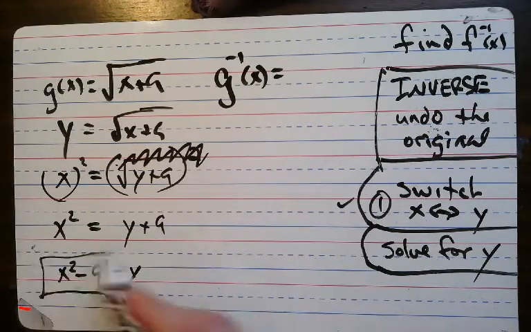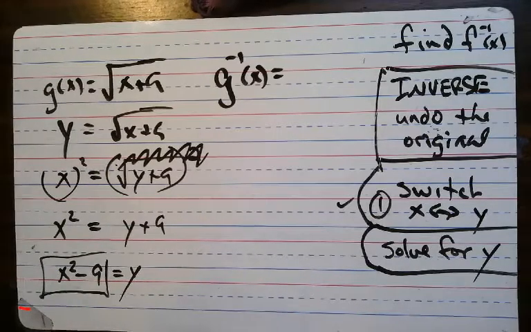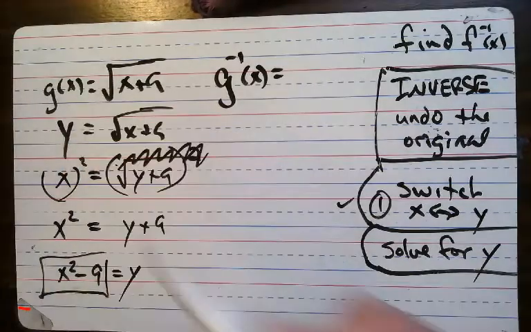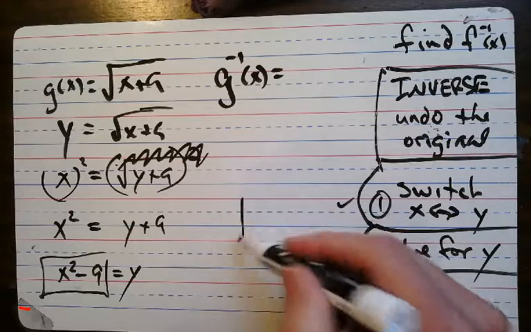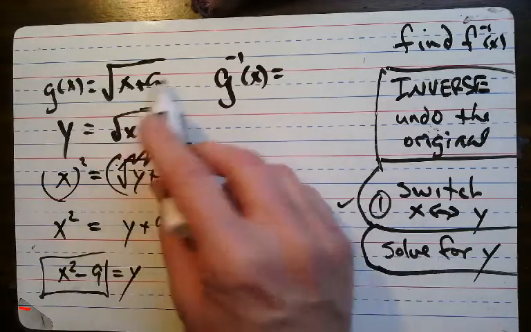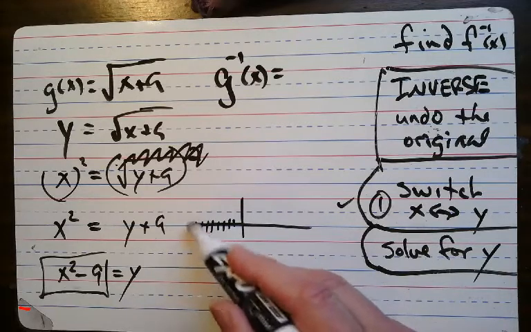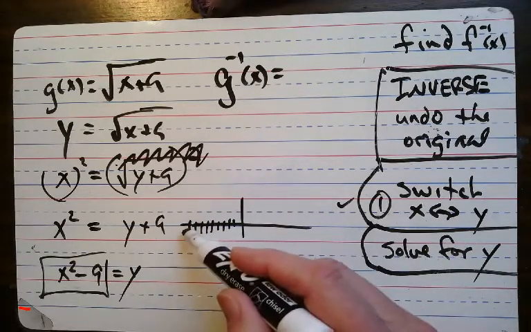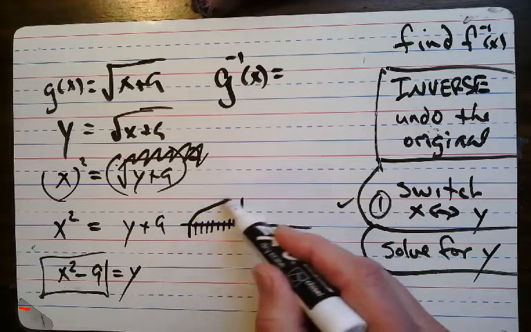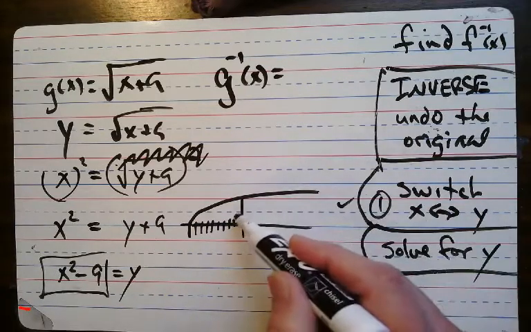But wait a minute. This is a parabola, right? This is a square root graph. So if you look at the graph of this square root, x plus 9, if you remember, 1, 2, 3, 4, 5, 6, 7, 8, 9, way over here. This graph looks like this.